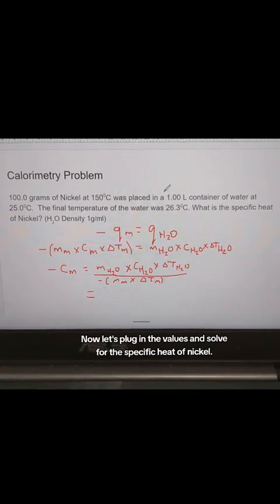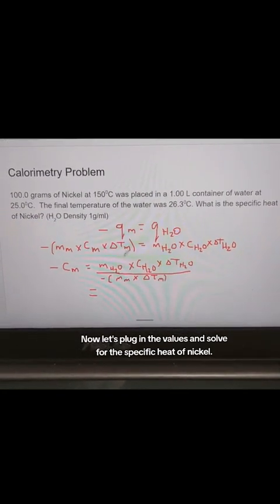Now let's plug in the values and solve for the specific heat of nickel.